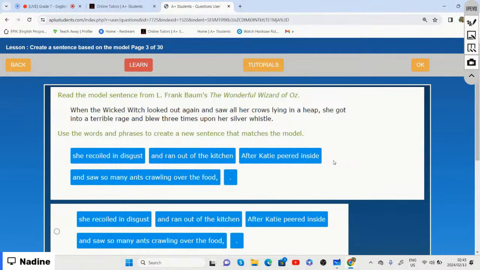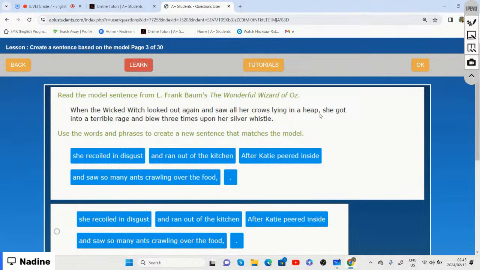So we already have our model sentence. That is basically our model sentence.